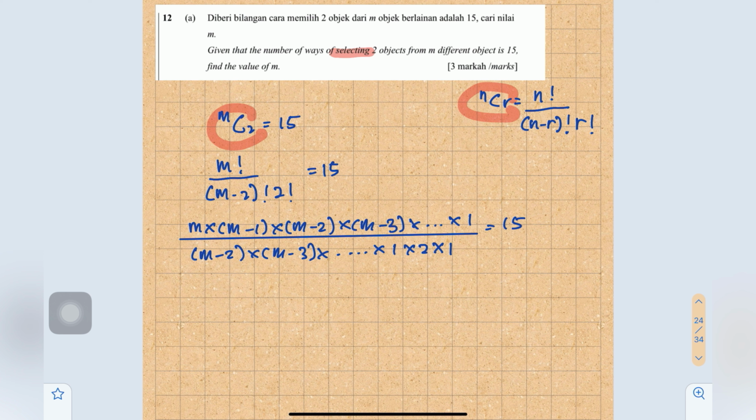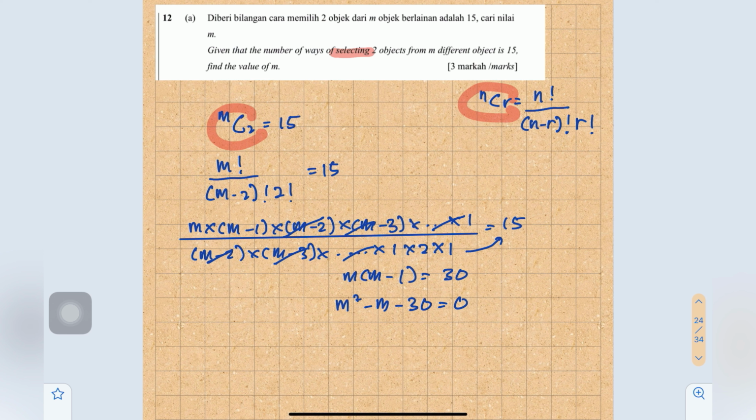Okay, so ni kita boleh cross eliminate. So ni pun sampai habis ni. So tinggal 2 darab 1 ni kita move. So kita dapat m times m minus 1 equals to 30. So m squared minus m minus 30 equals to 0. Kita dapat quadratic.